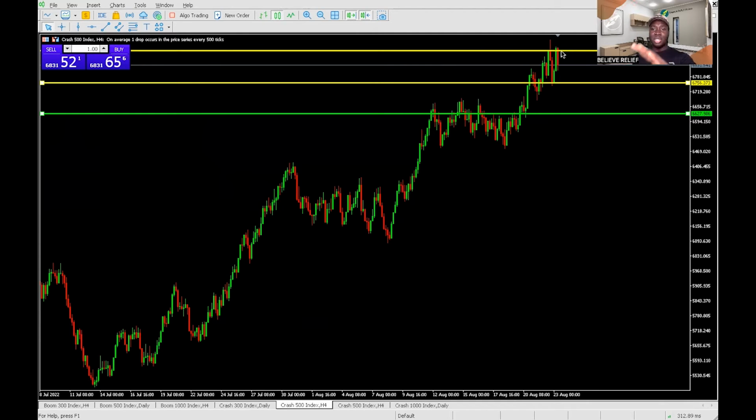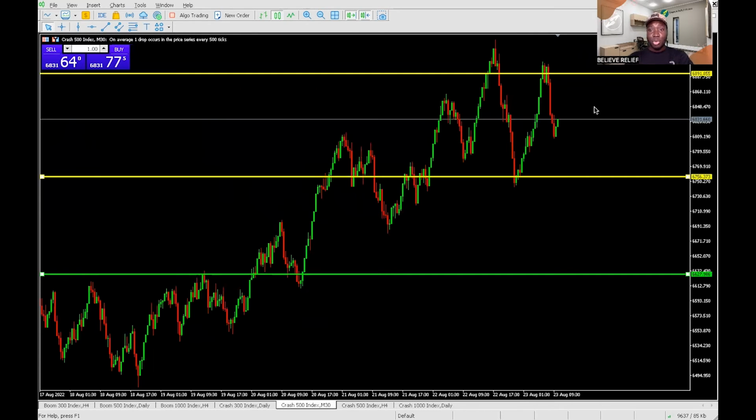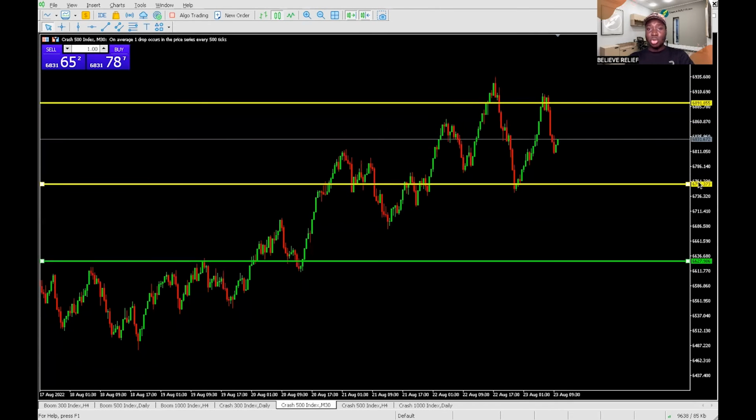So with this done and said, I make use of 30 minutes mostly to get my entries. And if I go down to 30 minutes, you see that around the zone, when it broke out, we got engulfing. Remember, the zone is an area. Me using horizontal lines does not mean it's just that point.